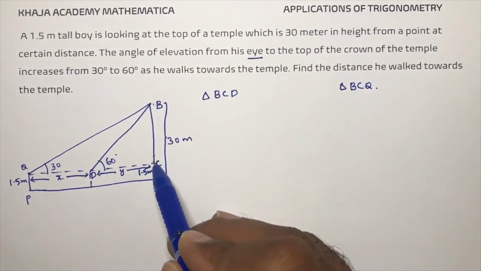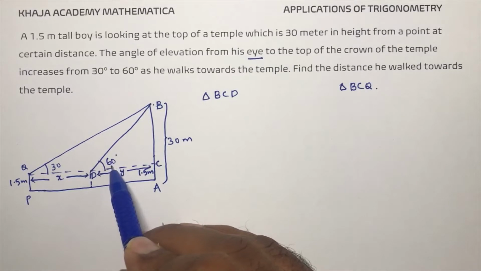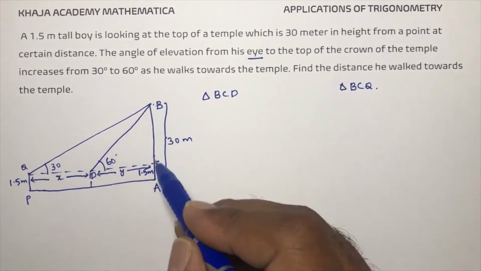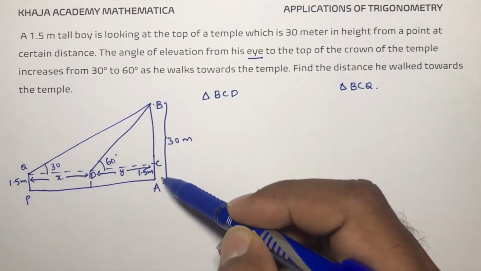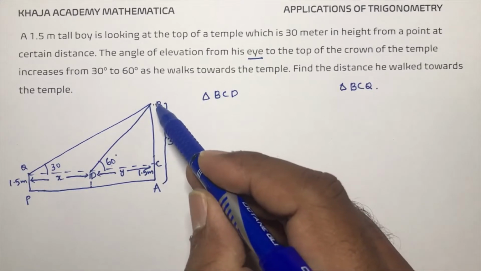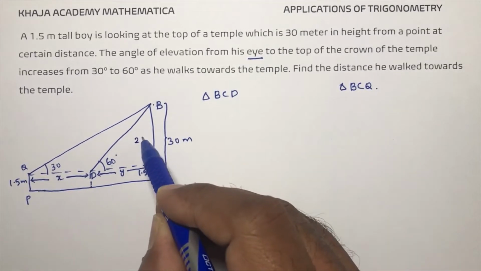Now in triangle BCD, theta is 60 degrees. Opposite is only CB. So total is 30, AB is 30, CA is 1.5. So BC will be 28.5.